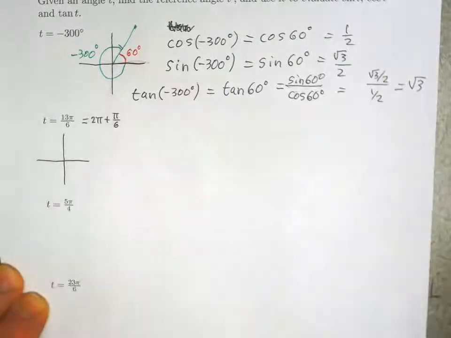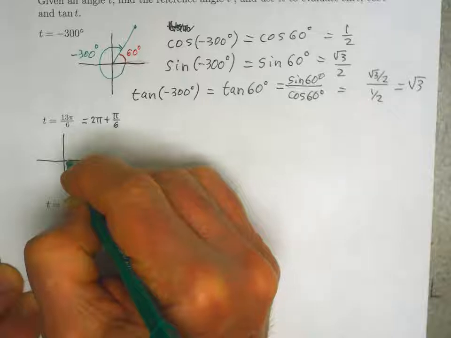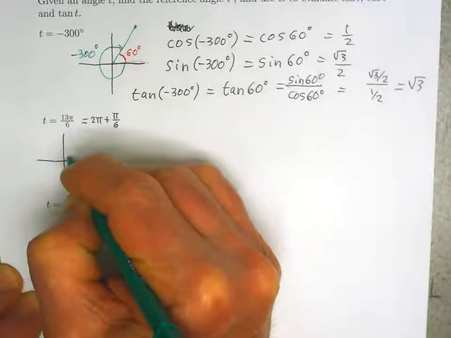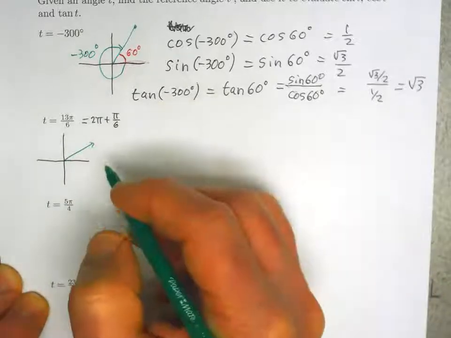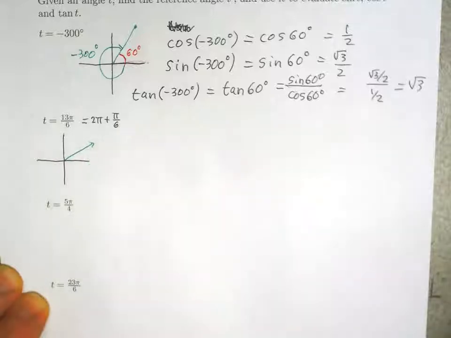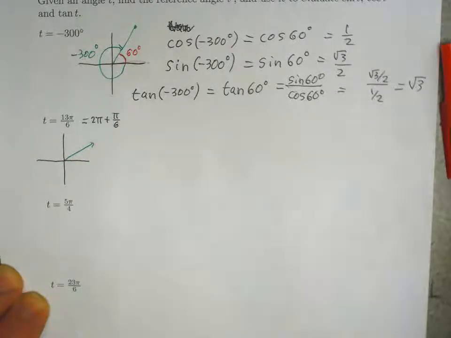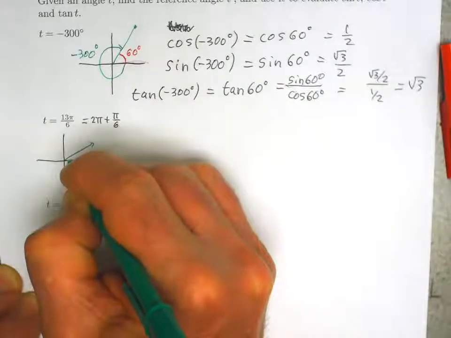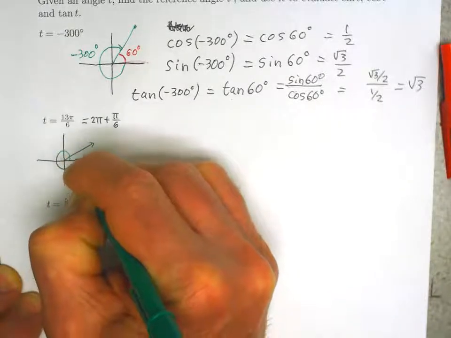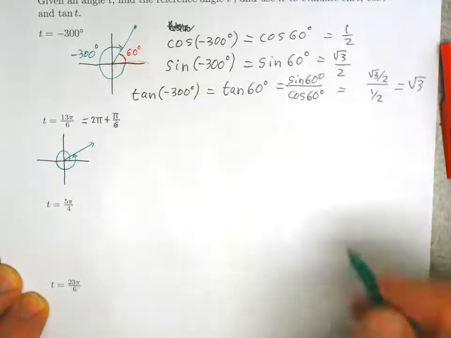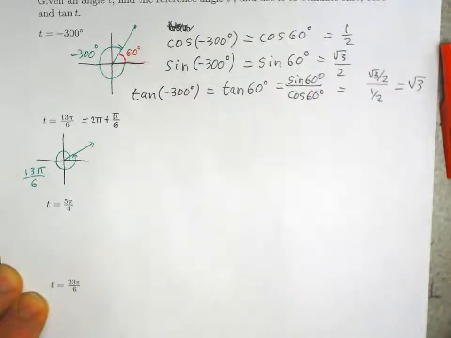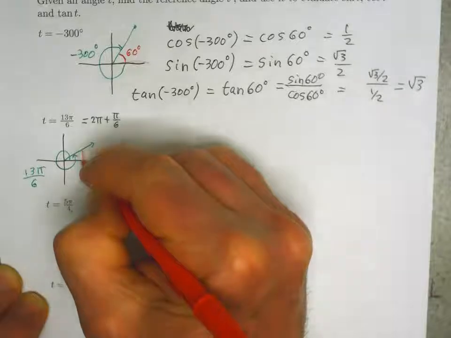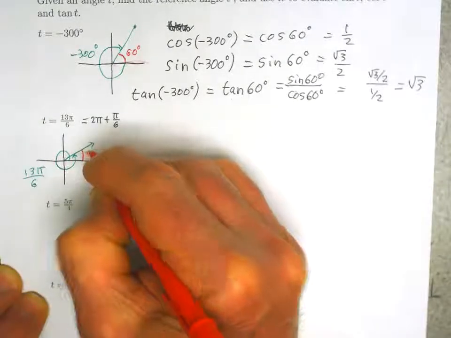So this angle, if you wanted to draw it, it's one full rotation plus pi over 6. Okay, so one complete revolution and then plus a little bit. So that's 13 pi over 6. And the reference angle is pi over 6.